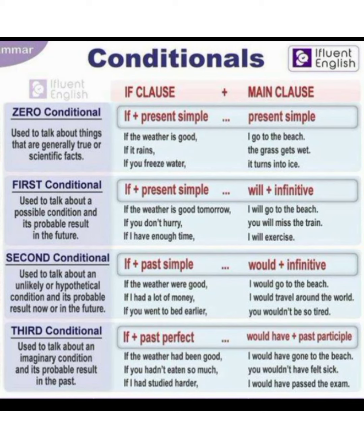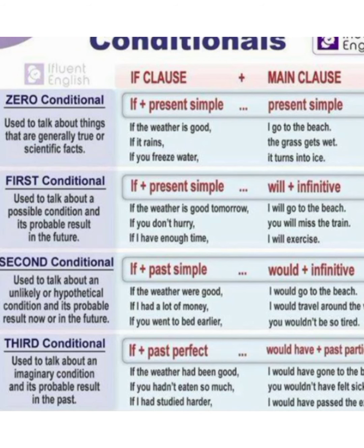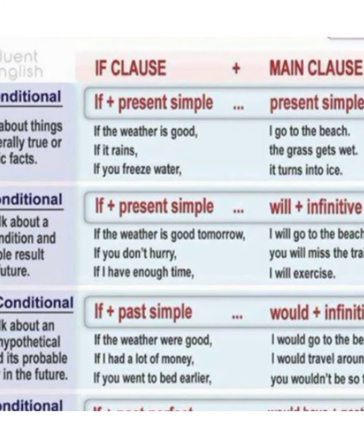So here children, you can see in zero conditional, the if clause is in simple present, and then the main clause will also be in simple present. So examples are given: if the weather is good, I go to the beach. If it rains, the grass gets wet. If you freeze water, it turns into ice.